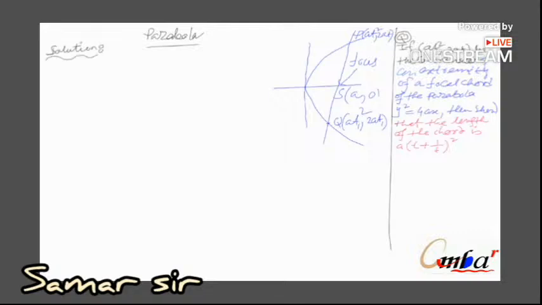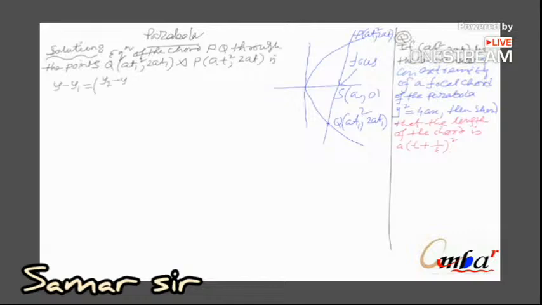Now the solution. The equation of the chord PQ through the points (at², 2at) and (at1², 2at1) is y − y1 = (y2 − y1)/(x2 − x1) × (x − x1).